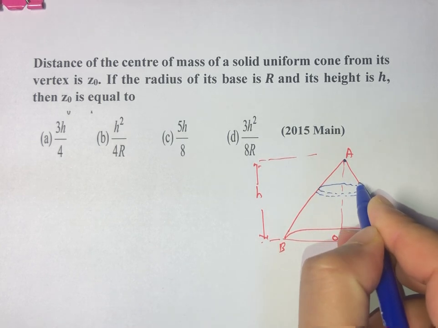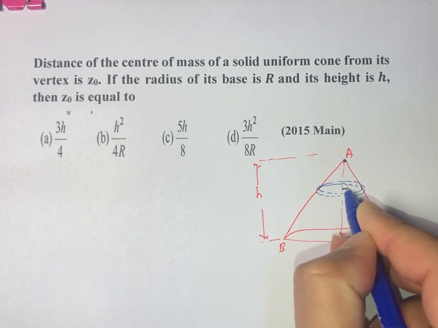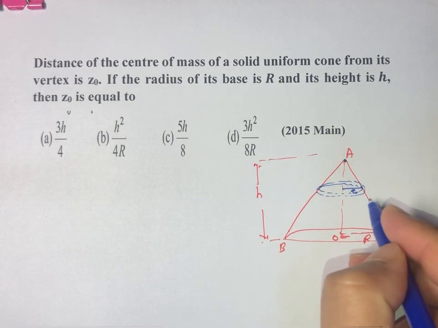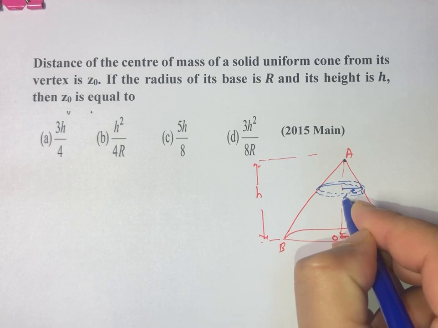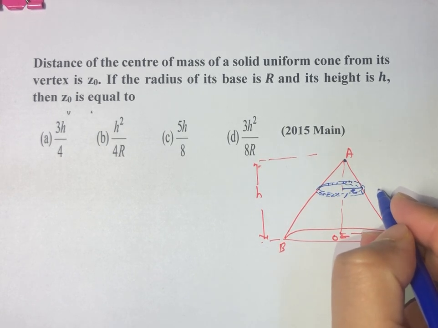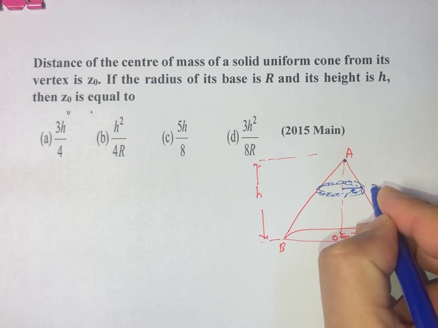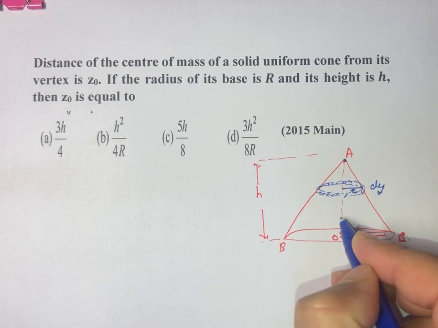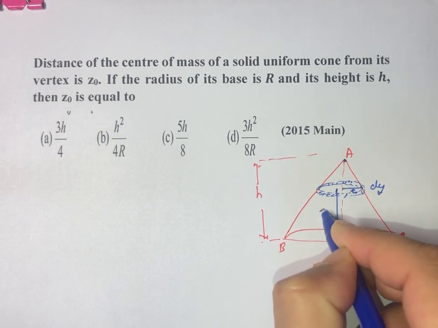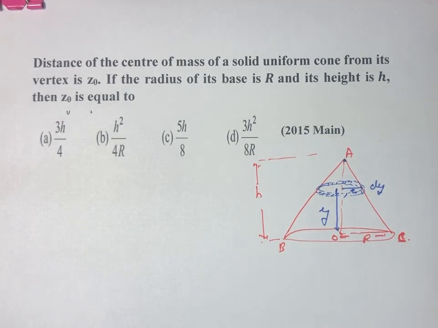Suppose this is a disk which is having a radius small r, and the thickness of the disk, a solid disk, is given as dy, and it is at a distance y from the point O.